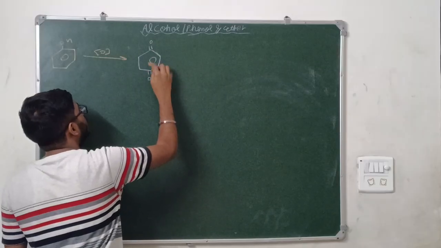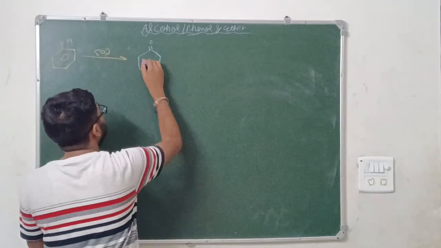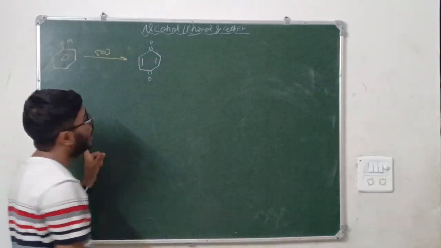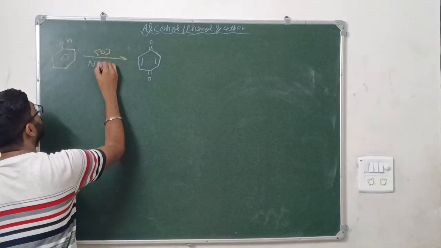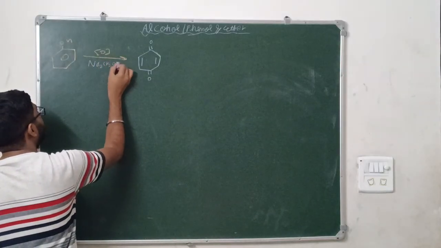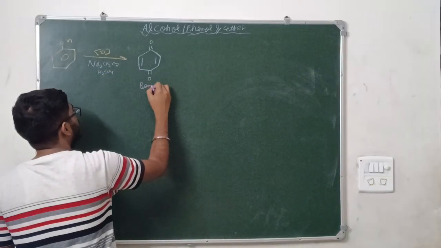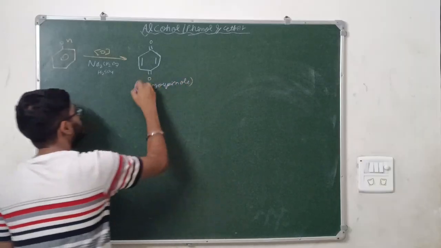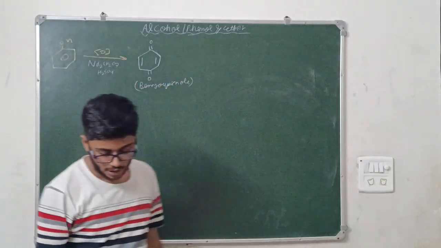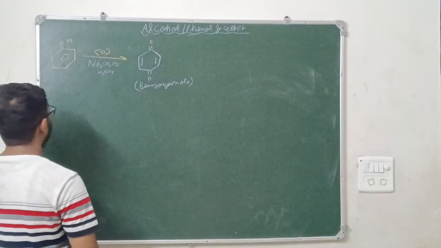Double bond O, double bond O. This bond will vanish, and the conjugated bond will be here. The reagent used in oxidation is Na2Cr2O7 in H2SO4. This is benzoquinone. This is also asked. Now, a very important topic: dehydration of alcohol.